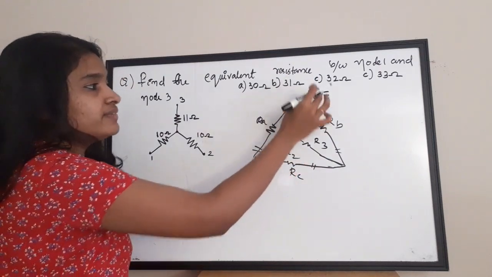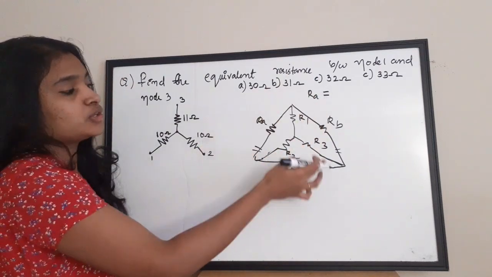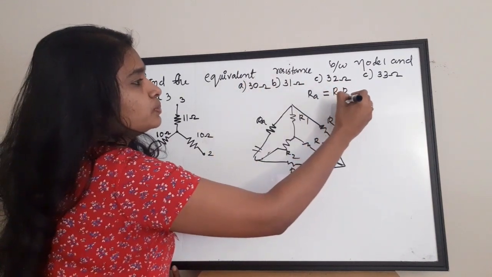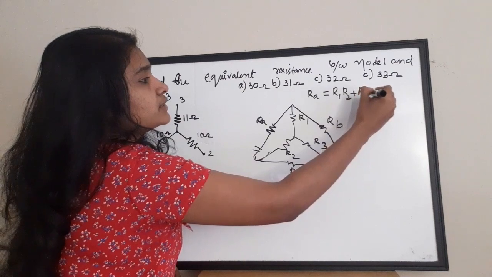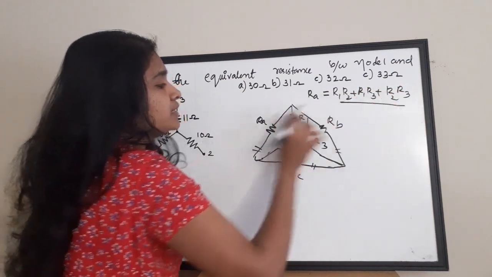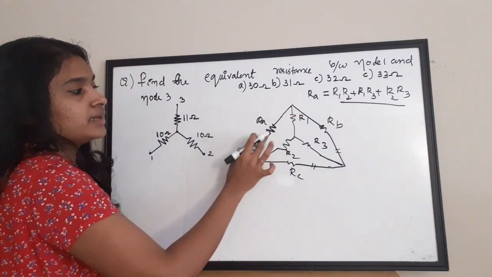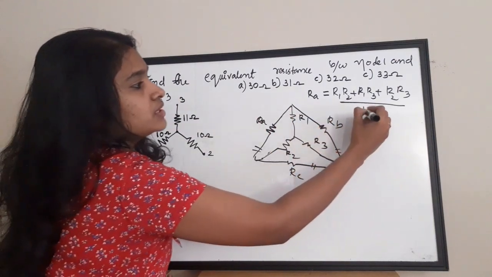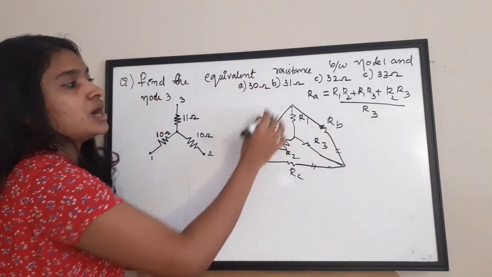So this RA value will be in terms of R1, R2 and R3, and it will be like this: R1 R2 plus R1 R3 plus R2 R3 by, see this is RA, and take the opposite resistance, this is R3. Okay, so this is the value of your RA.